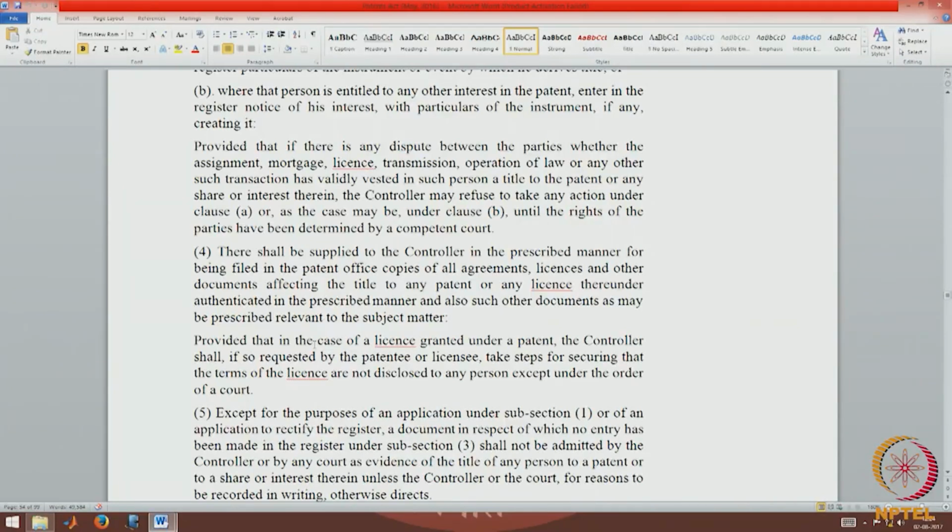So, if there are disputes between owners or between people who hold interests, the controller is not the person who is going to settle those disputes.